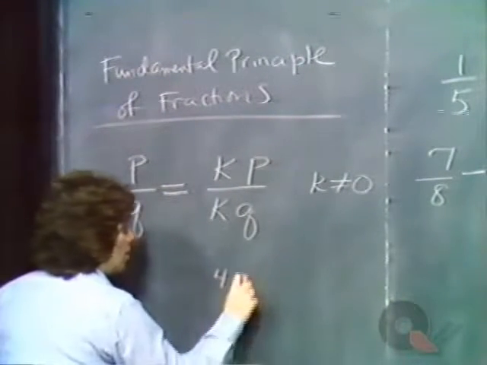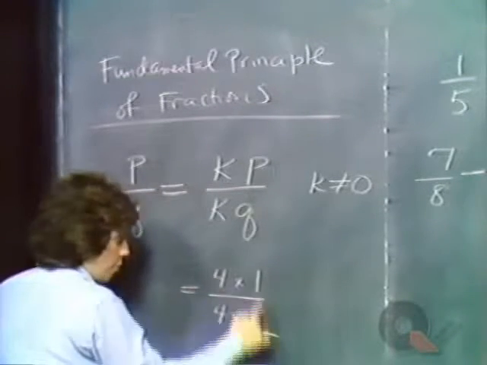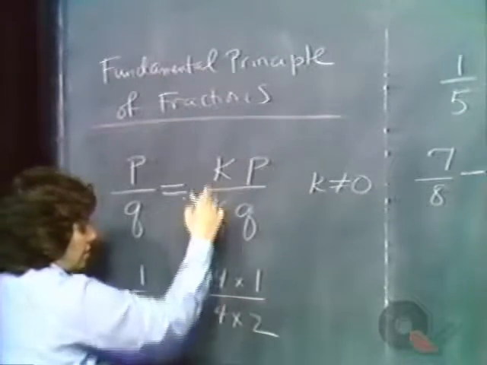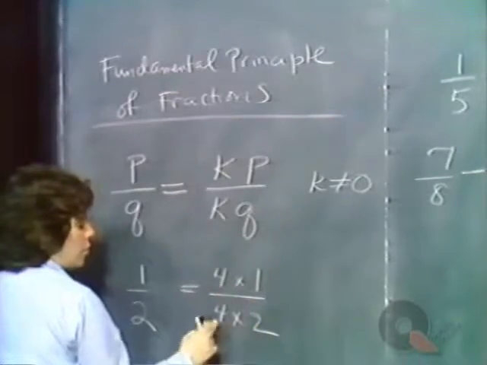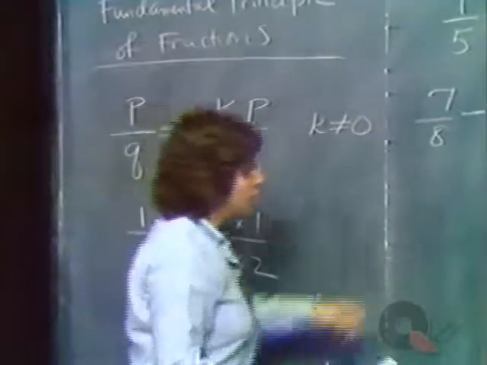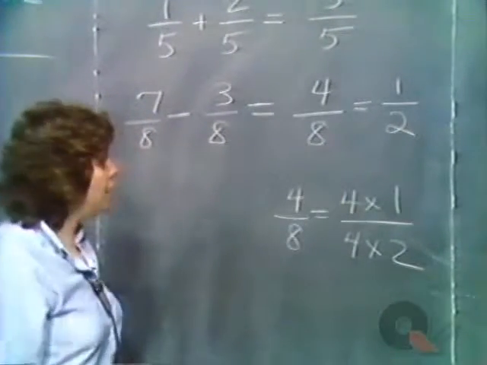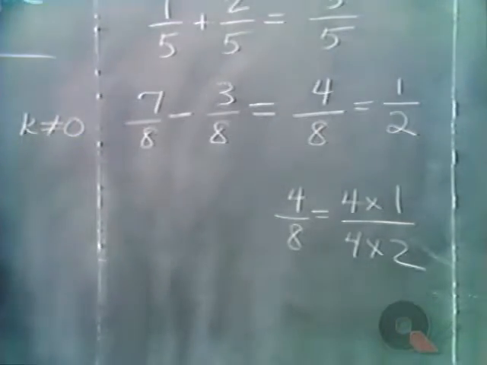That can be written as 1/2 because we can cancel the K's, here the 4's. So 4/8 might appear as a possible answer, but in this case, you might get 1/2, and you'd have to know that 4/8 is equivalent to 1/2 using the fundamental principle of fractions.